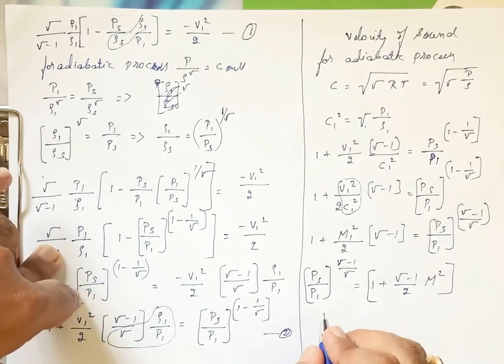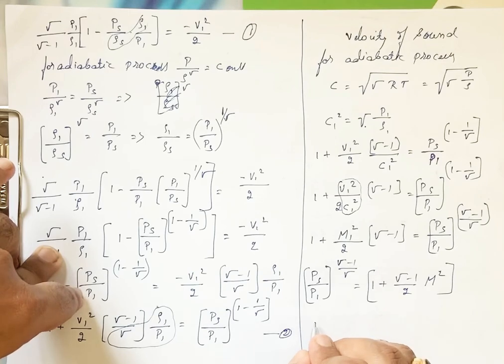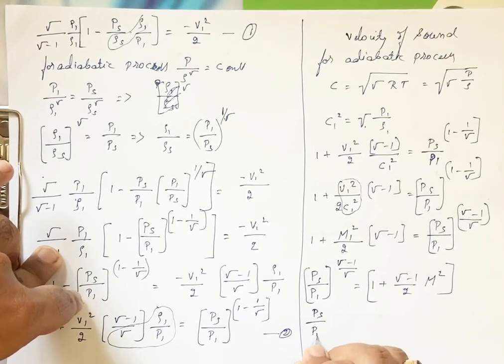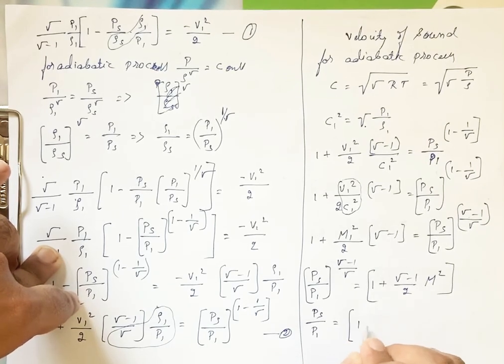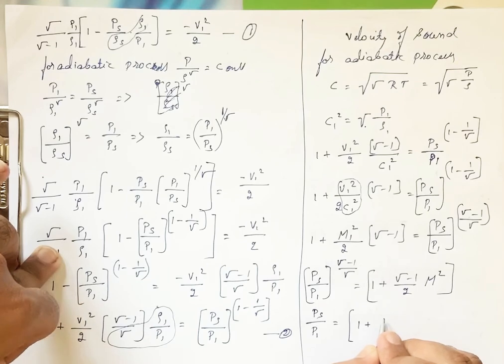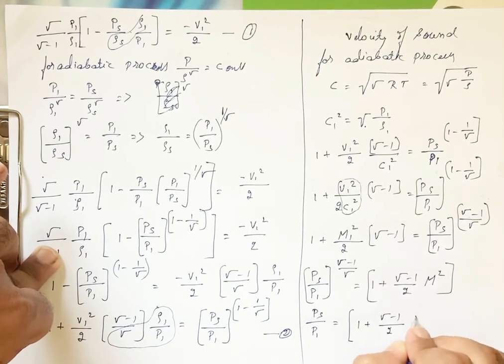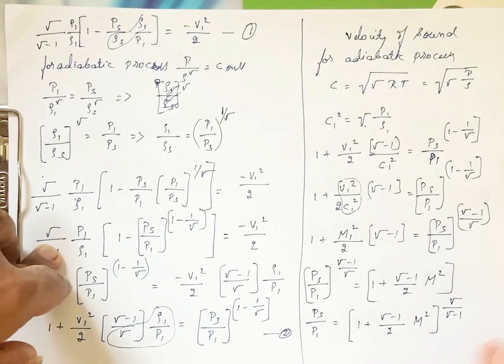Or else I can write this as Ps divided by P1 is equal to 1 plus gamma minus 1 divided by 2 into m square, whole raised to gamma divided by gamma minus 1.